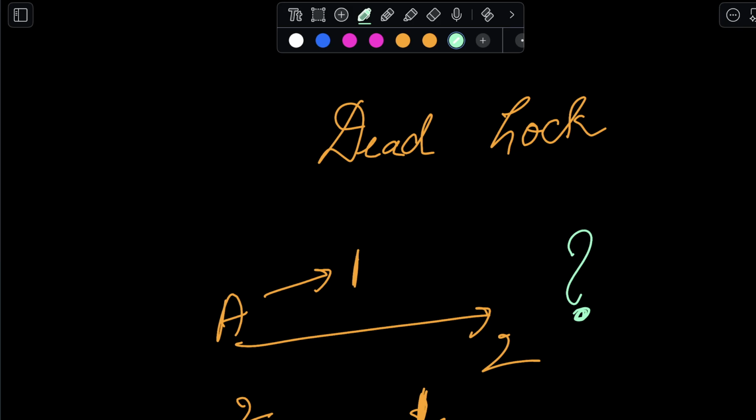So in process synchronization, when you have only two processes, why don't you talk about deadlock there?